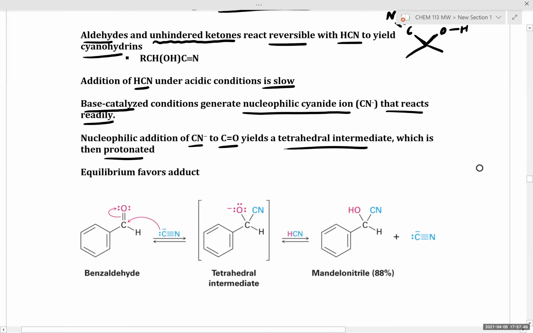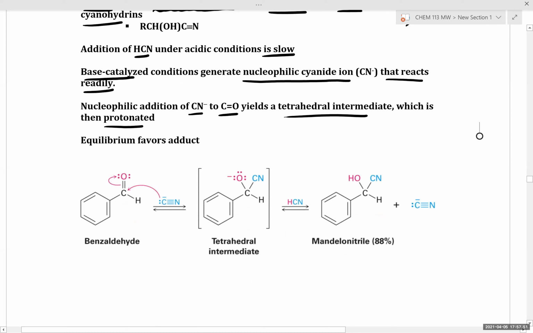Now, one thing that's very unique about cyanohydrin formation is that the equilibrium favors the adduct. This isn't like a typical nucleophilic addition into a carbonyl, in that this tetrahedral adduct is favored, and you can isolate these cyanohydrins.